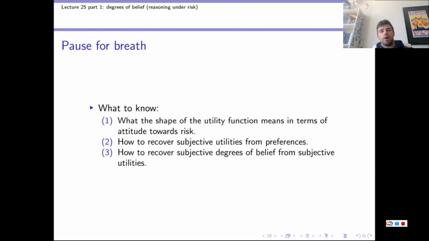So let's pause for breath. What have we seen? We've seen how, when we reason under risk, our degrees of belief are calculated in terms of expected utility. So expected utility theory is how we reason under risk.